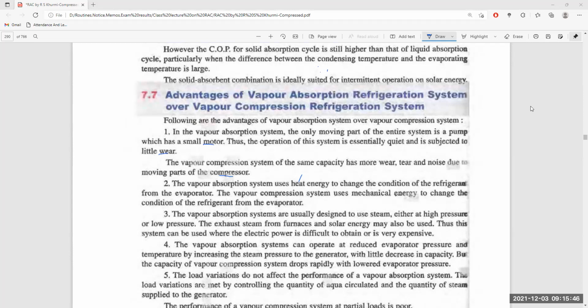Now, the vapor absorption system can operate at reduced evaporator pressure and temperature by increasing the steam pressure to the generator.